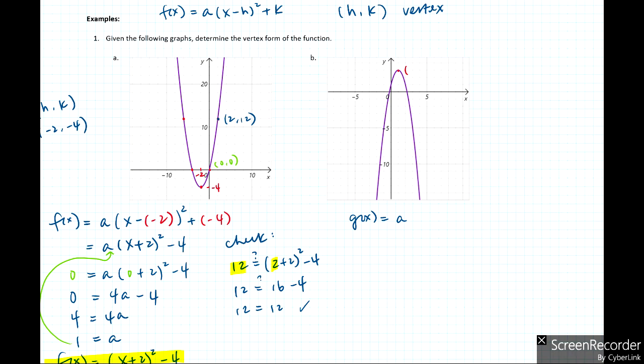So we get the coordinate is going to be (1, 3). And therefore it tells me the h and k values. So we do (x minus h) squared plus k. And in this case they're both positive, so we don't have to do much more to simplify it.